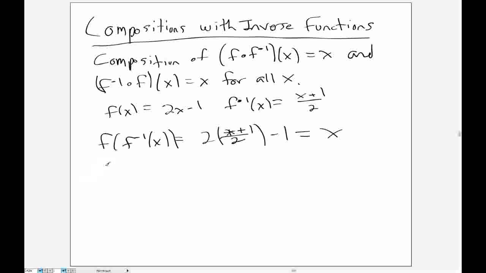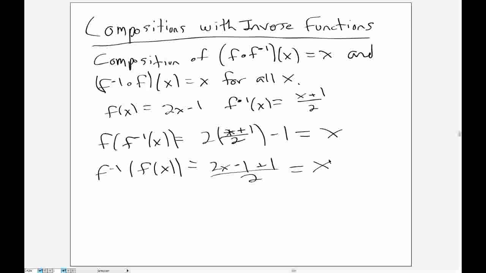Now let's do the other way. f inverse of f of x will equal (2x minus 1 plus 1) divided by 2. And as we can easily see with our algebra, that is also equal to x.